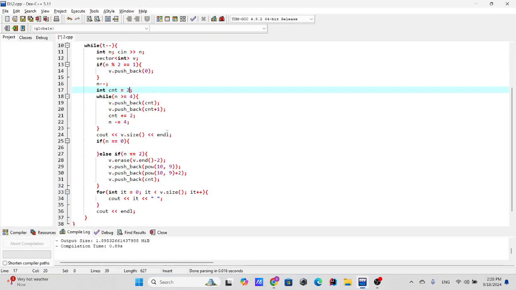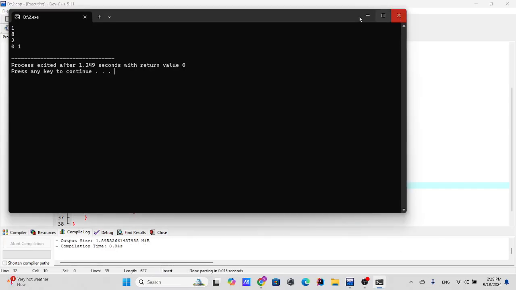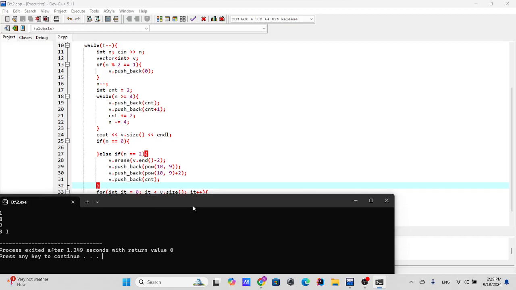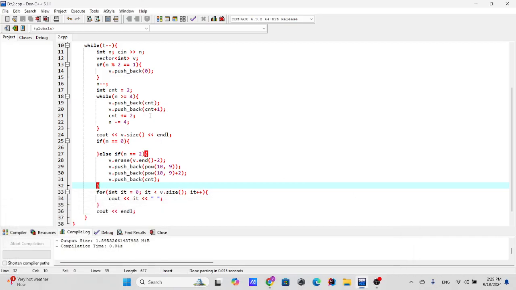Guys, vector.push_back 4, right? So 2 and 3, it must be 2 and 3. How is that even 0 and 1? How is the size only 2?